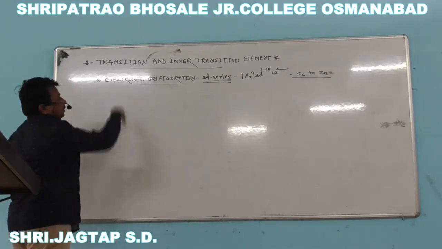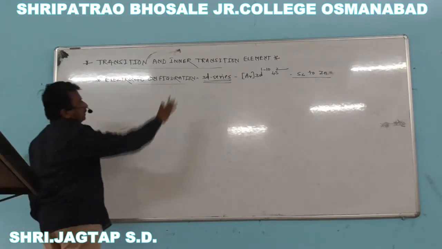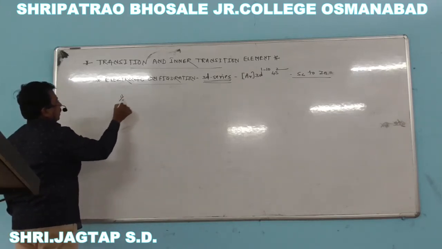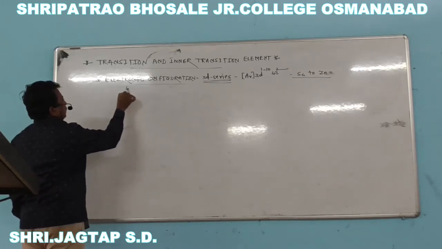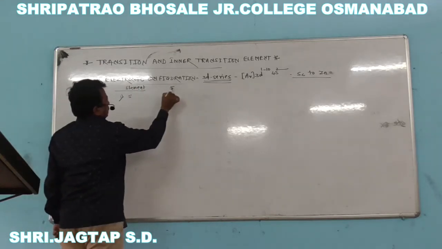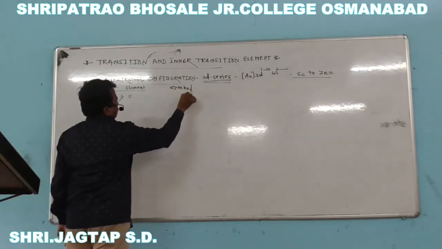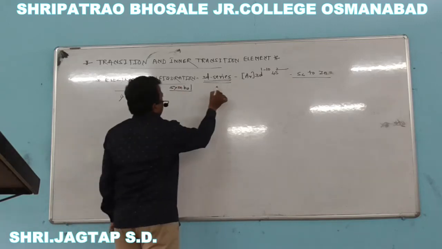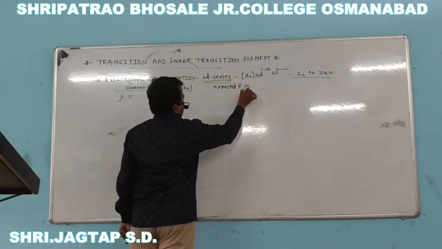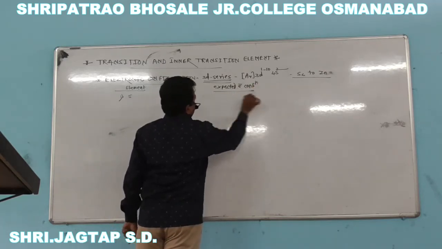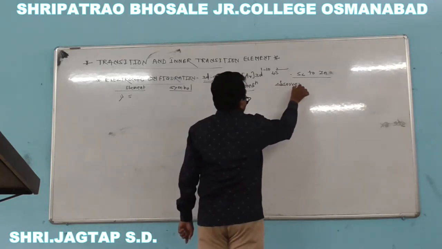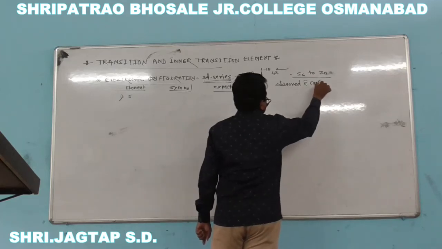So, the electronic configuration of the 3d series may be given as: the number of the element, then its symbol, expected electronic configuration, and observed electronic configuration.